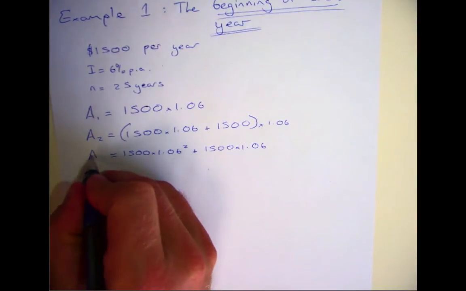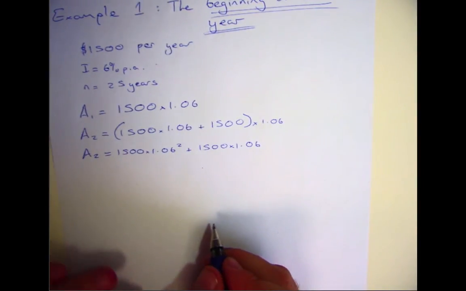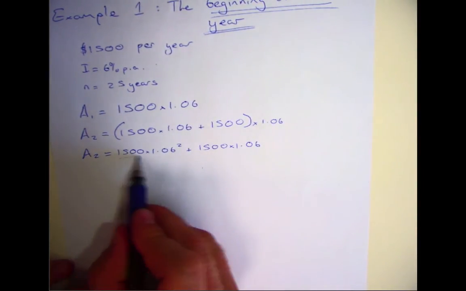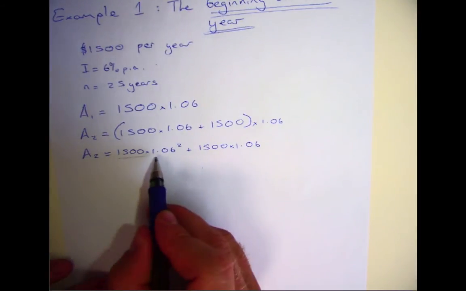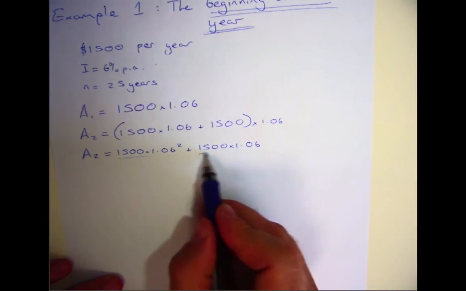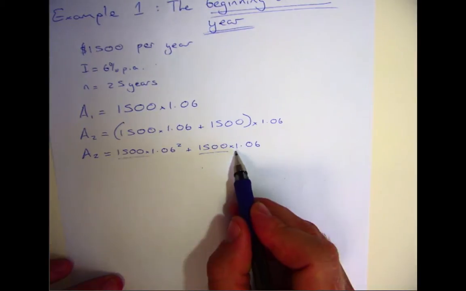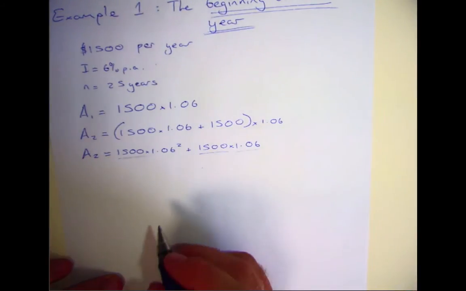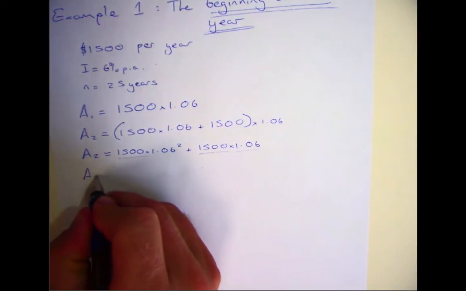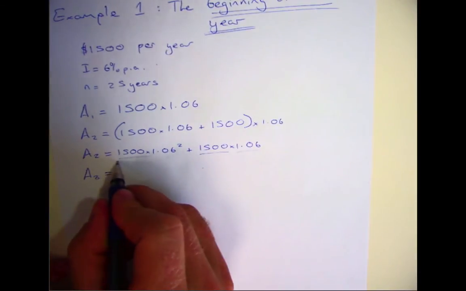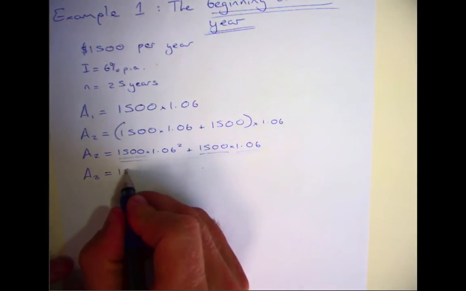That is A2. Okay? Now what we're saying there is that the first $1,500 we invested has earned 2 years of interest. The second $1,500 we've invested has only earned 1 year's interest because it's only been in there 1 year. Now, A3, we have all of this in the account.